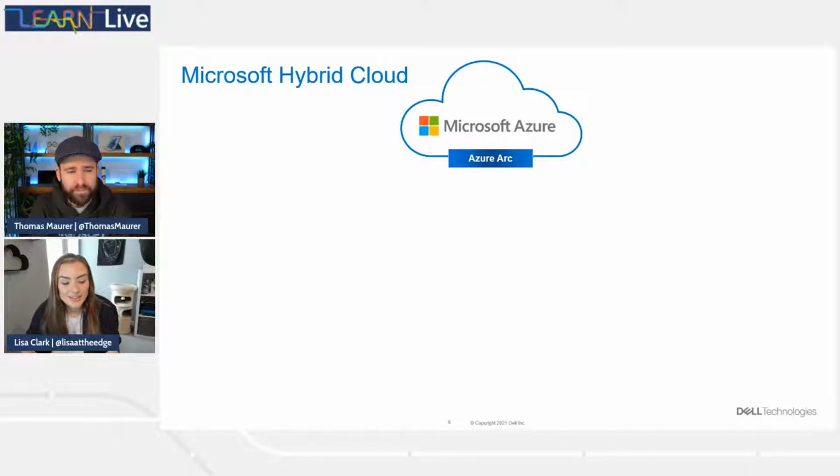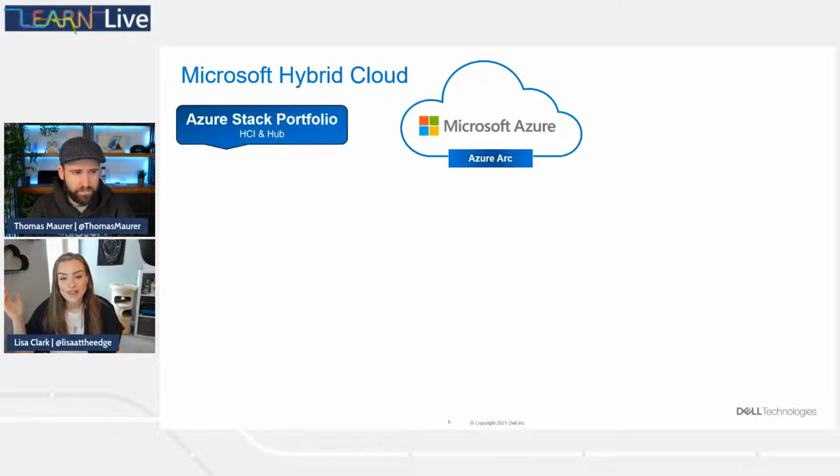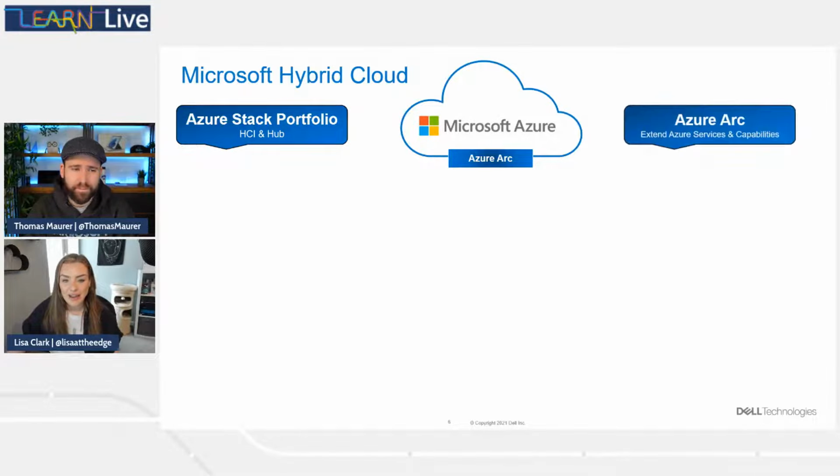So they understand, like we do at Dell, the complexities of the on-premises world. And so I think that is what's driven Azure to be hybrid by design. And how do they do this? They do it via two mechanisms. The Azure Stack portfolio, which is what we're going to talk about today, and then Azure Arc, which is going to be in the next session.